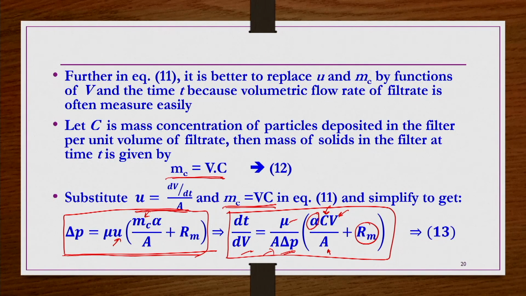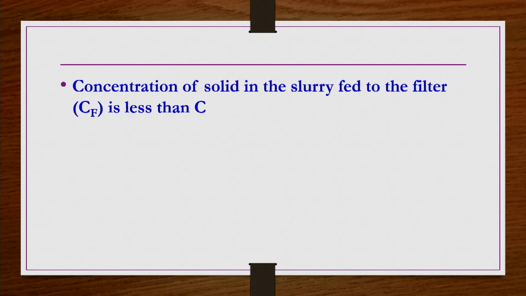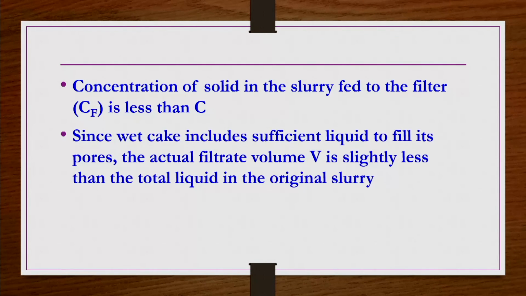However, we can do a kind of mass balance and develop a relation for C. In general, for problems it is given straightforwardly. If not given, it should be obtained like this. Let us assume the concentration of solid in the slurry fed to the filter is Cf, and that is less than C. Because the wet cake includes sufficient liquid to fill its pores, the actual filtrate volume V is slightly less than the total liquid in the original slurry, because the entire liquid does not come out as filtrate.